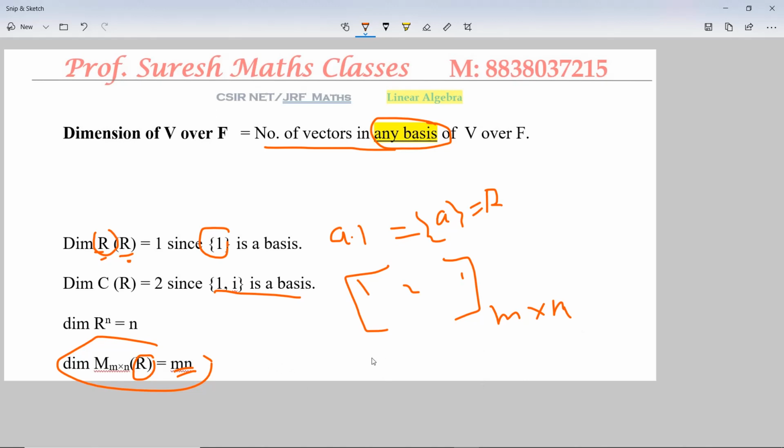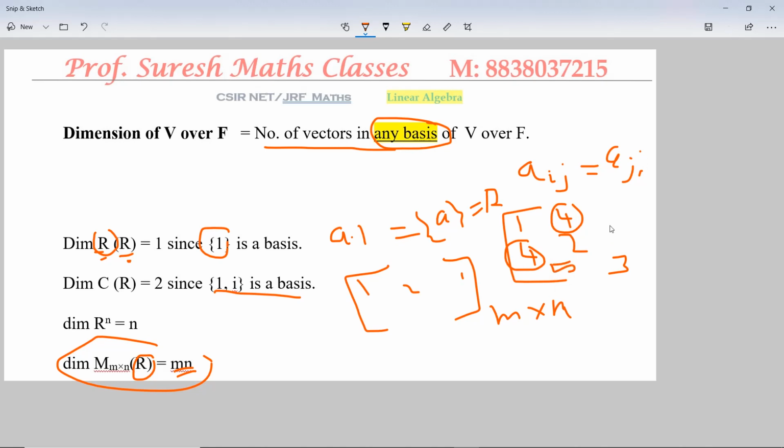Suppose a condition is given, then reduce it. Symmetric matrices means we know a_ij equals a_ji. The diagonal entries can be any number, but a_12 and a_21 must be the same, because for a symmetric matrix the condition is a_ij equals a_ji. So take a general matrix and count the number of free entries.